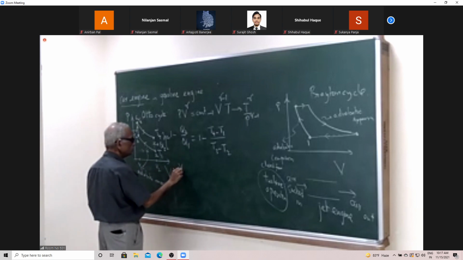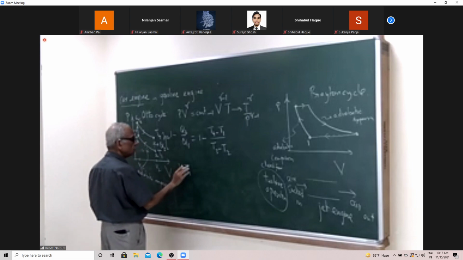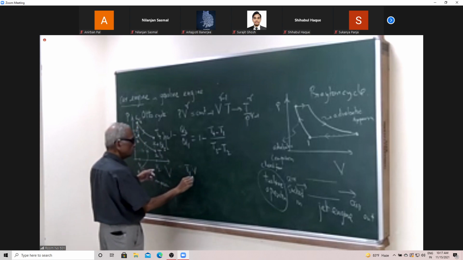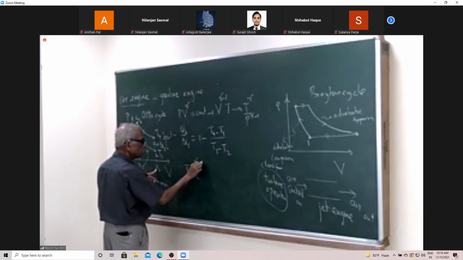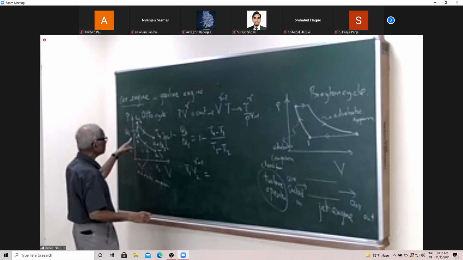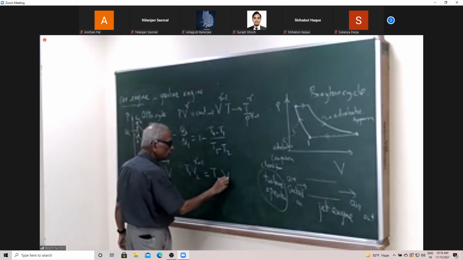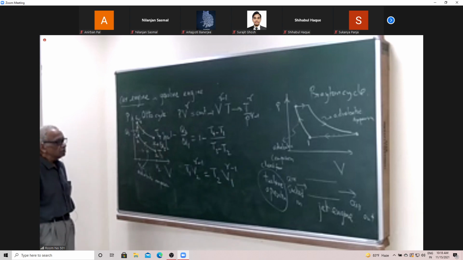So T1 times V2 to the power gamma minus 1 is equal to T2 times V1 to the power gamma minus 1. So T1 over T2 is V1 over V2 to the power gamma minus 1.